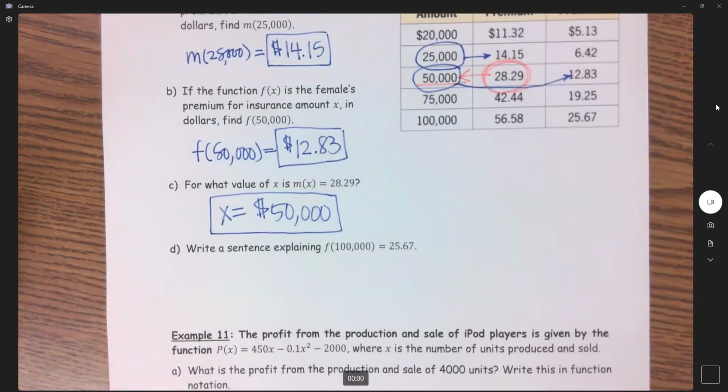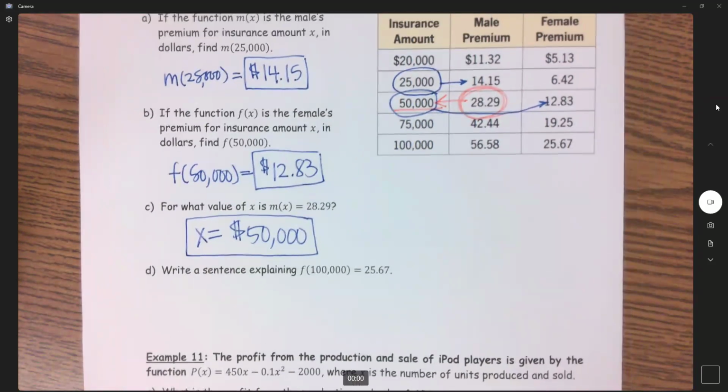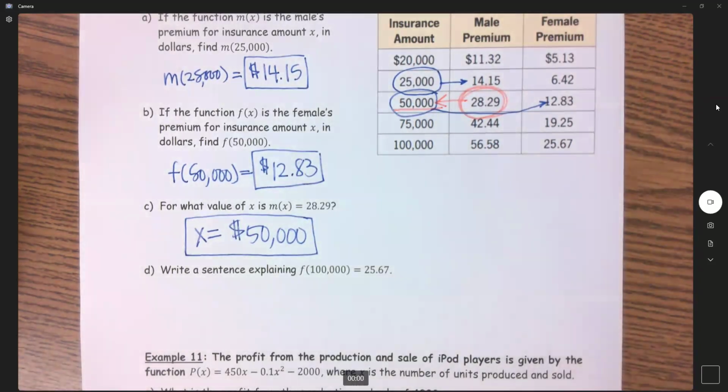Write a sentence explaining f of 100,000 equals 25.67. I want you to pause this video and think about it. We're going to be doing a lot of explaining in this class, so pause the video and see if you can explain what this would mean.